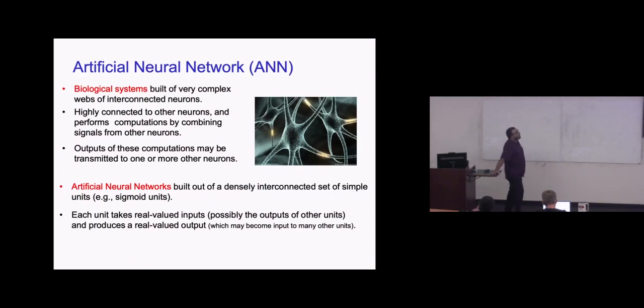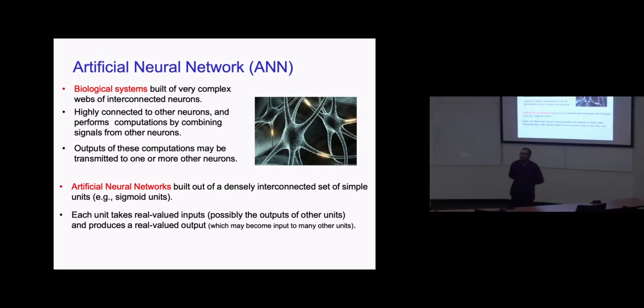When we talk about biological systems and artificial neural networks, we think maybe they are similar, but they are very different. Can you tell me one basic difference between biological neurons and artificial neural networks? One very fundamental difference.